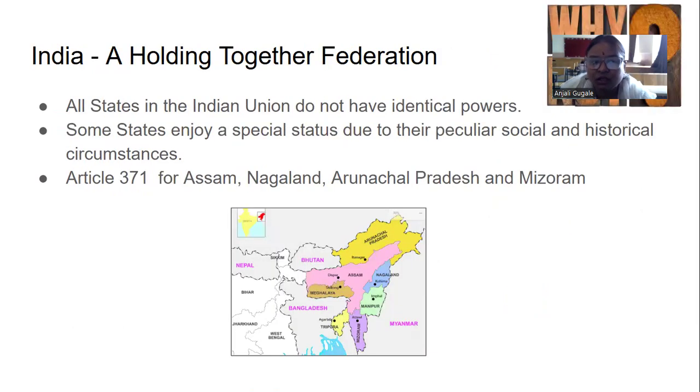Now here, India is a holding together federation. I've explained this in the previous class also. Why do we call it a holding together federation? Because there is unequal distribution of powers.